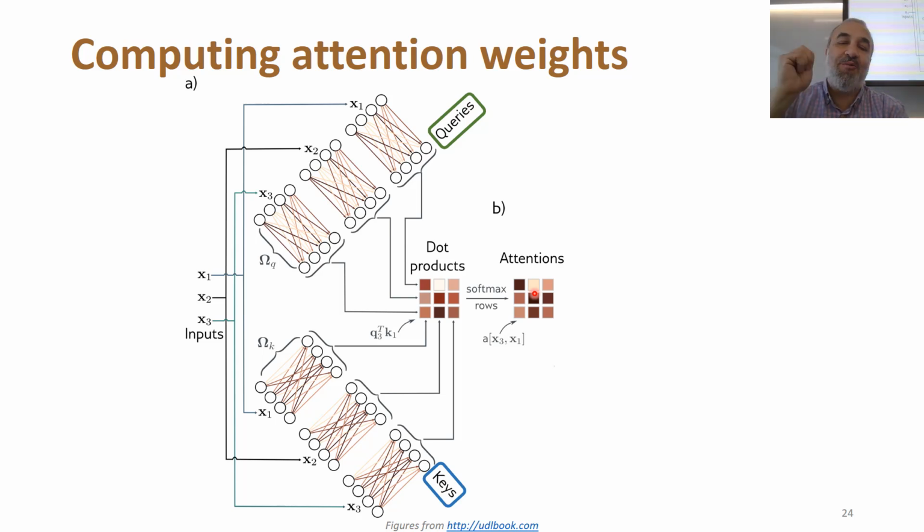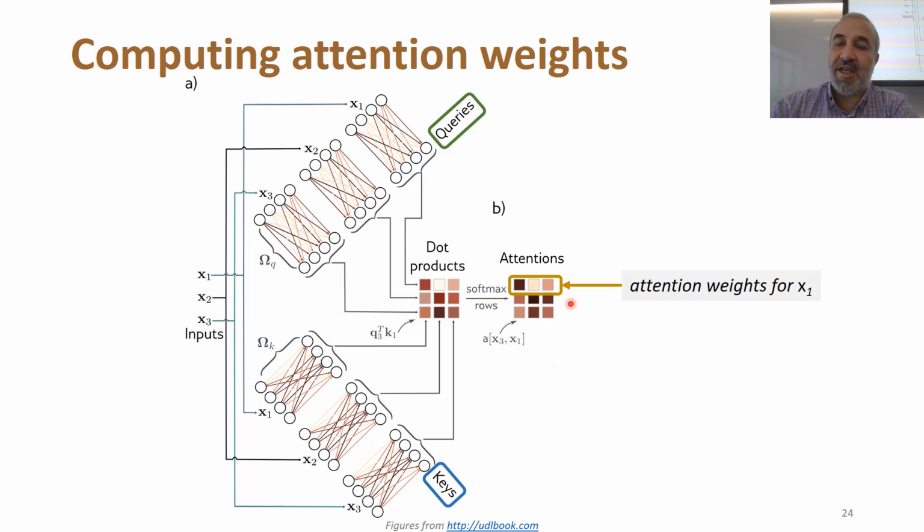Now we can call them the self-attention weights. These are the self-attention weights that we will use to compute the output vectors. You can think of this as like the 0.6, 0.3, 0.1. Now we can apply these weights to the value vectors to get the final output vectors.